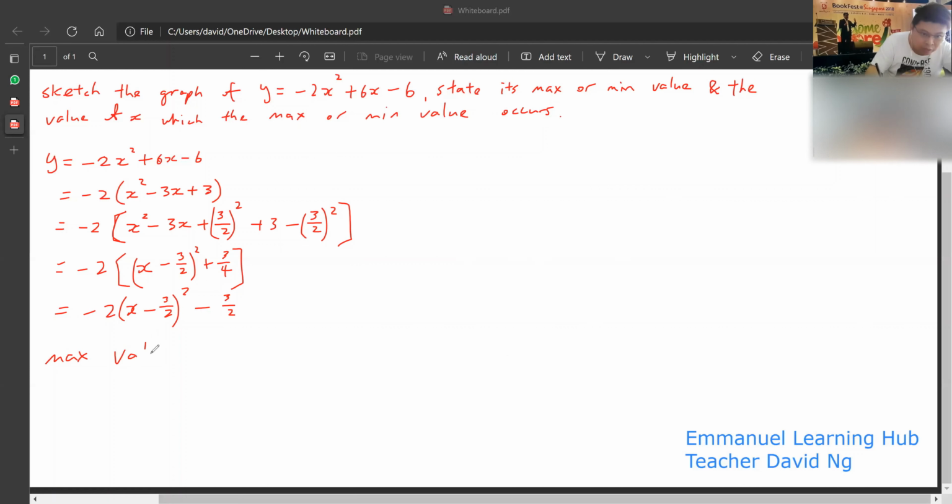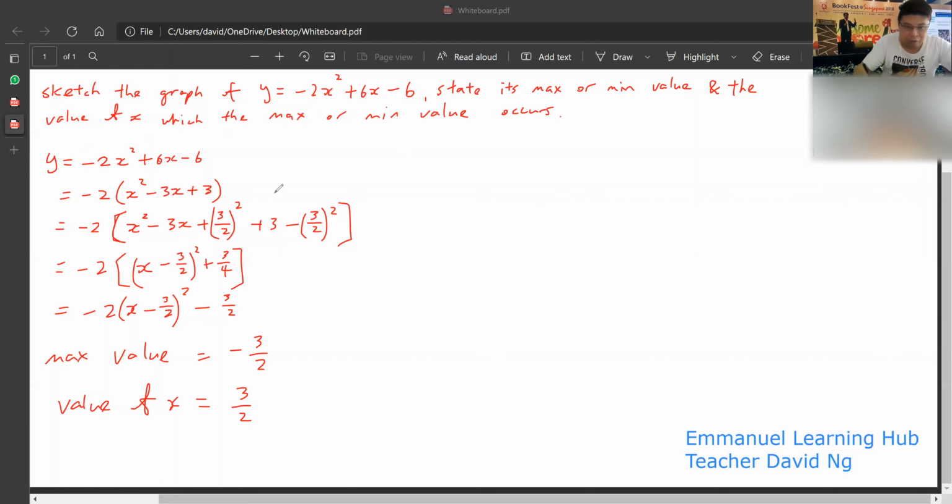The maximum value would be minus 3 over 2. That's the maximum value. Then the value of x will be 3 over 2. Value of x is 3 over 2.